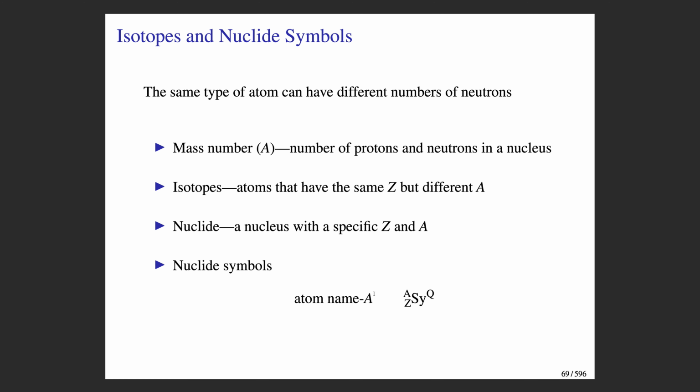Nuclide symbols can be represented in words, where you use the name of the atom followed by the mass number A, or you can use the symbol form, where you use the atomic symbol. In the lower left-hand corner, you put the atomic number. In the upper left-hand corner, you put the mass number. And if the atom is charged, that is, if you have an ion, you could also put the charge on the ion in the upper right-hand corner.